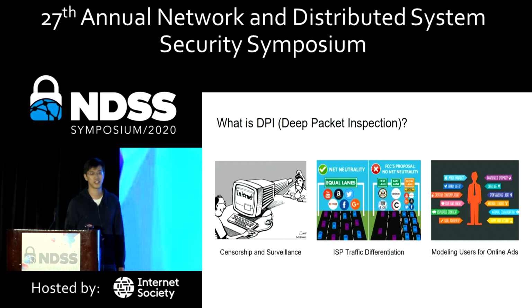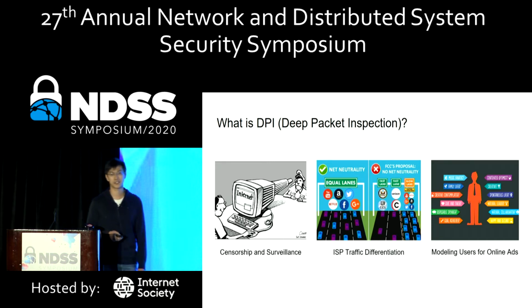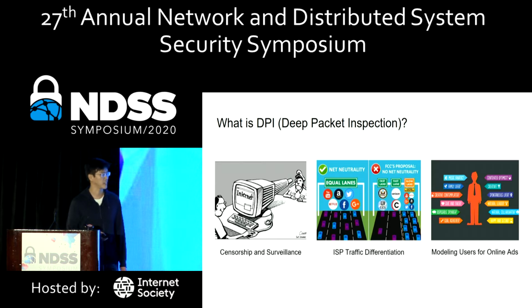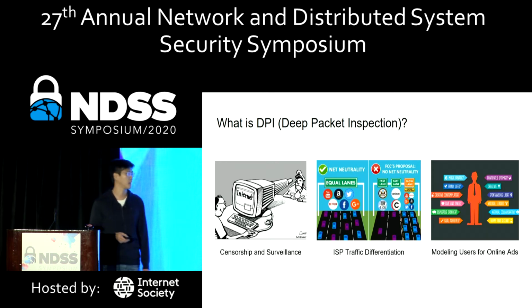But things are not that easy. For HTTPS, they can still detect what website you are visiting using the SNI field in the TLS handshake. And countries like China have been blocking VPN and Tor traffic because they can identify these protocols using deep packet inspection.